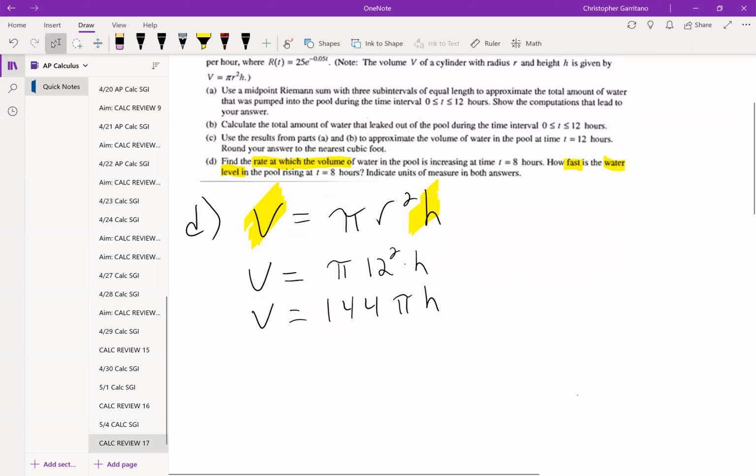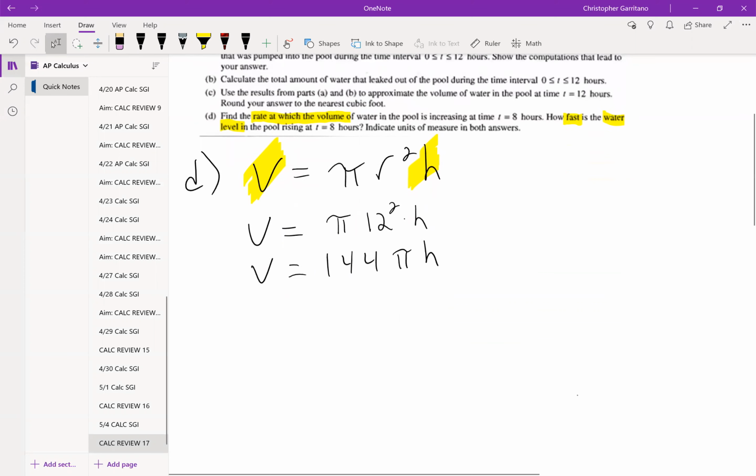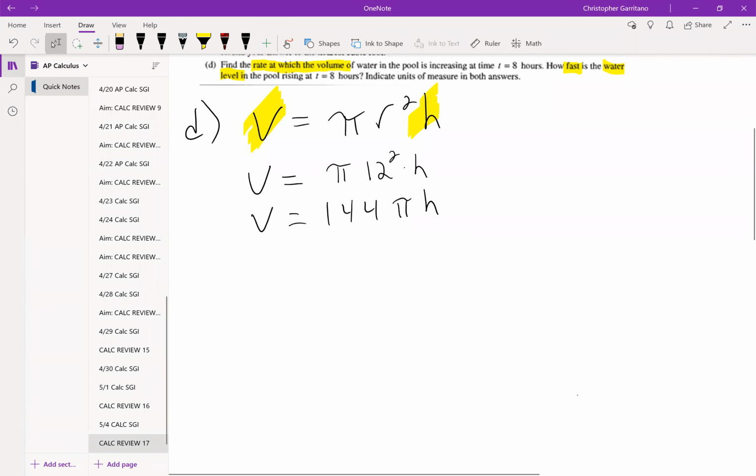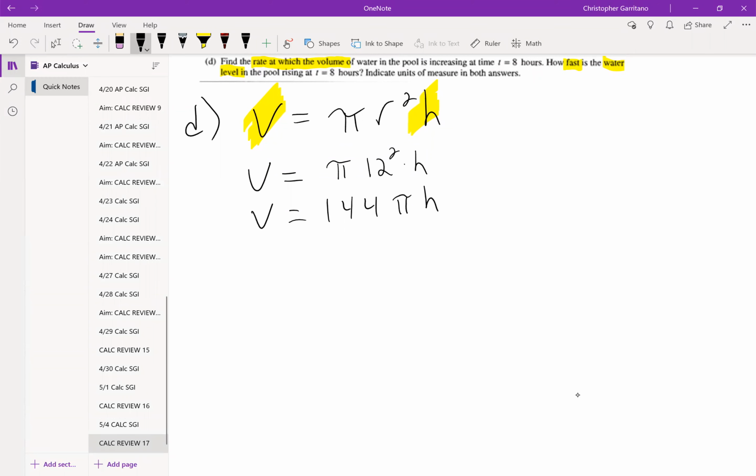All right. Now we want rate of volume and rate of water level. And so now I'm going to differentiate. Both of these are functions of time, so I need to keep that in mind. Differentiating the left side is just simply dV dt. Differentiating the right side is 144 pi dH dt. Okay.